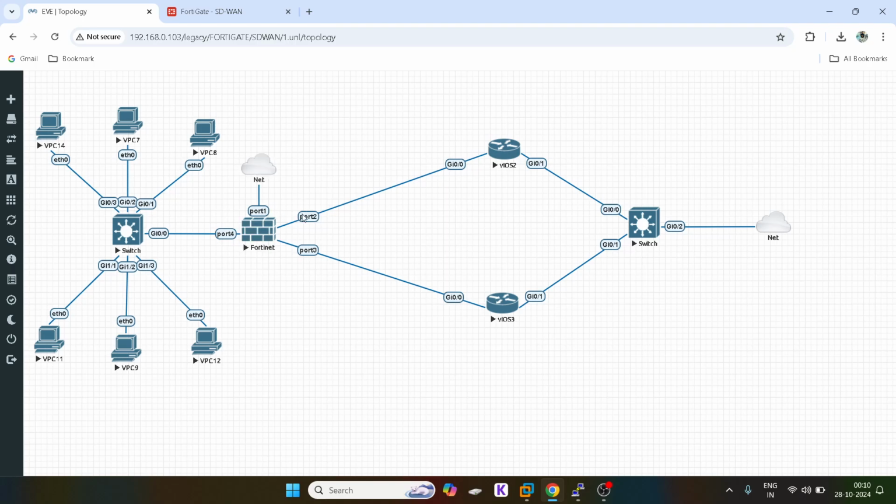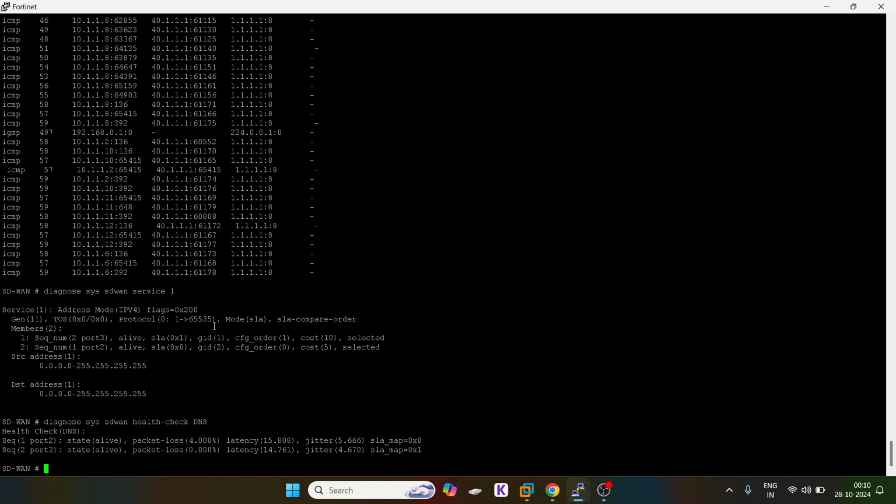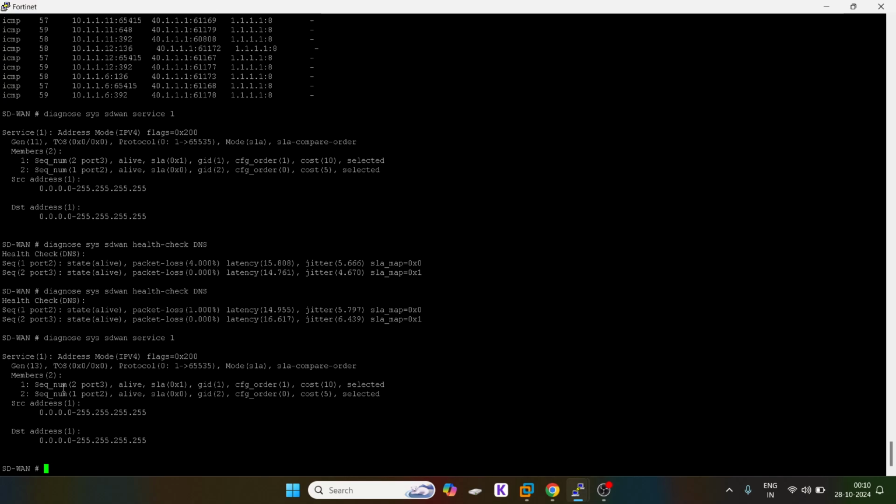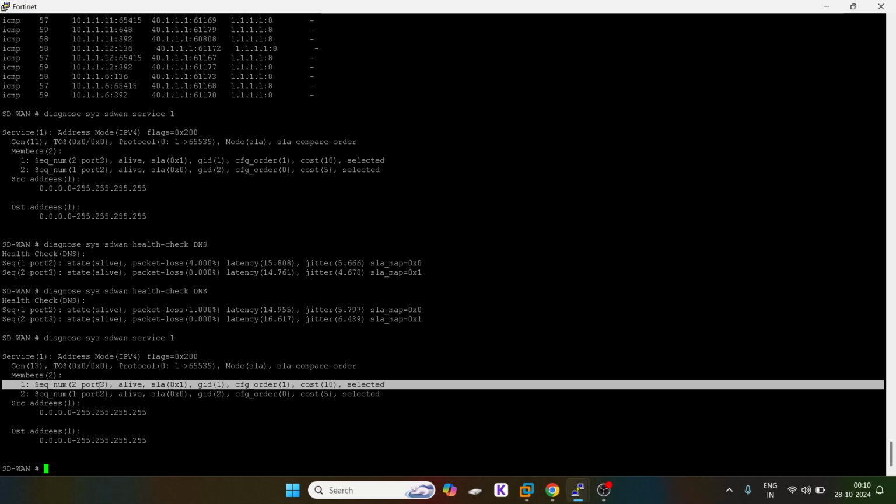Although the cost on this link is low, it is not satisfying the SLA. There is packet loss on the WAN end, due to which the path via port 3 is preferred.